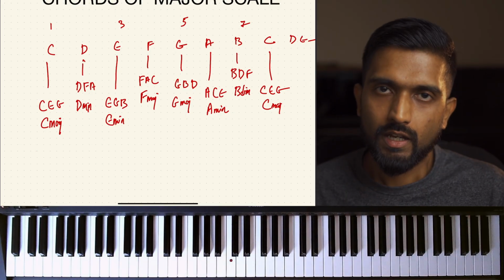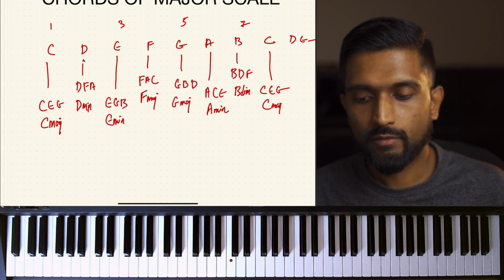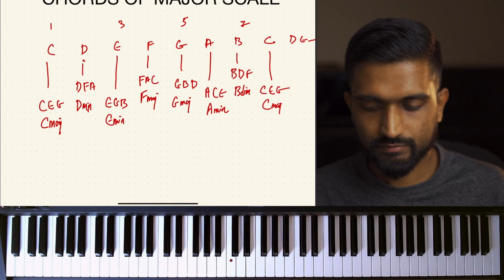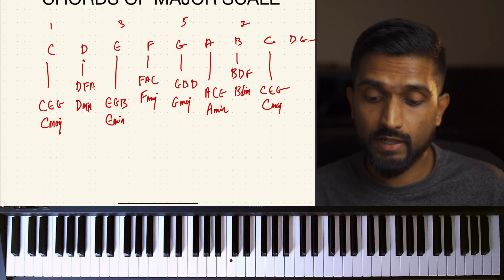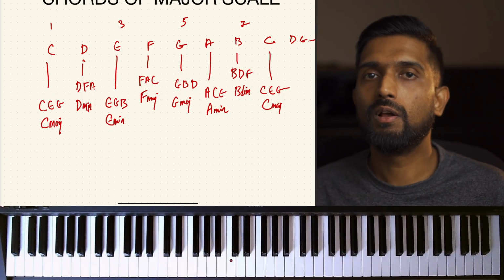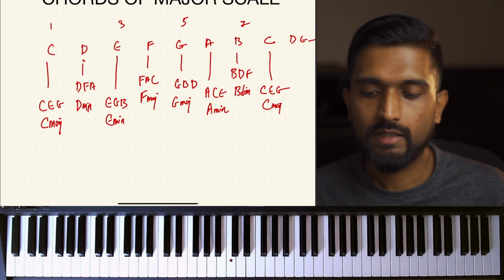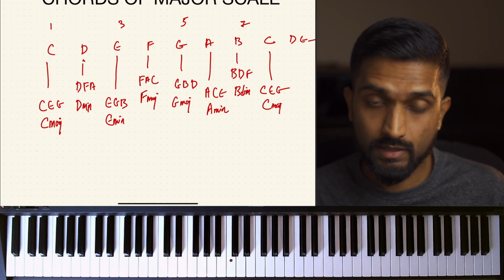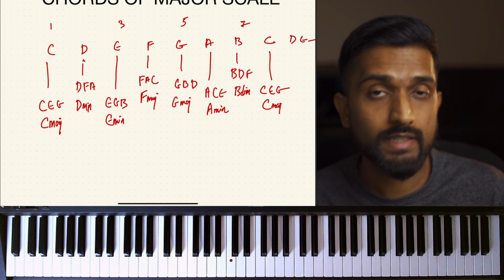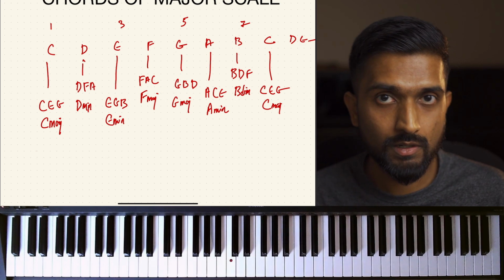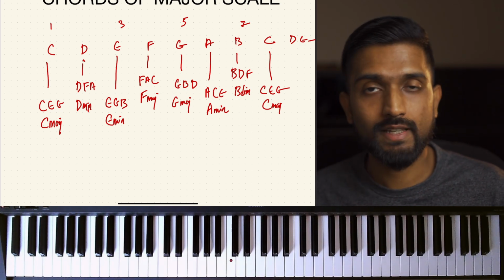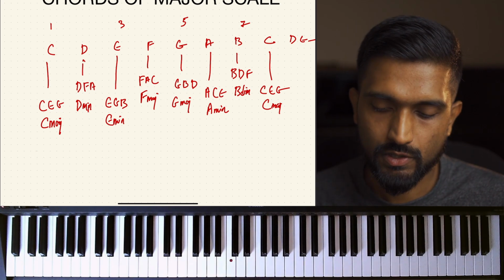But in any major scale, you need to know that the chords from the first, fourth, and fifth notes will always give you a major chord. The second, third, and sixth would give you a minor chord, and the last note, the seventh note, would give you a diminished chord.